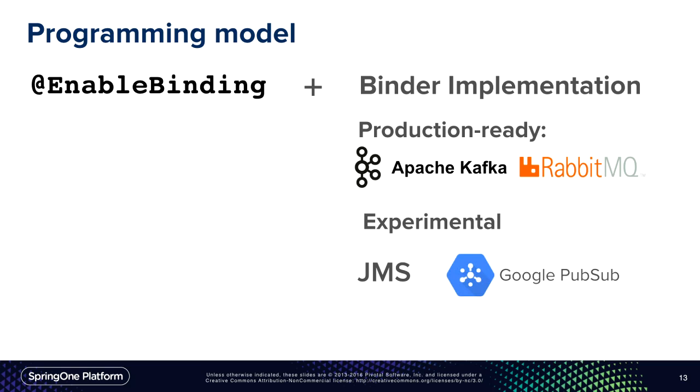And we have production support: production versions of Apache Kafka and RabbitMQ, and we have experimental versions of a JMS binder and of a Google PubSub binder, and we have goals for expanding our universe. For example, Kinesis will be one of the binders that we are very interested in. So I think that uniformity that I was talking about earlier works in this direction very, very well.